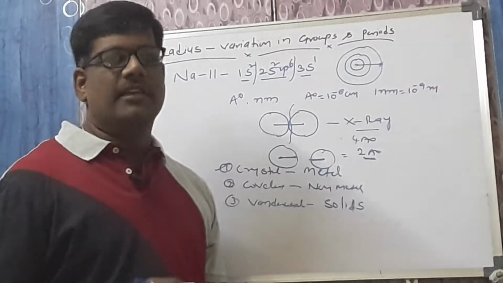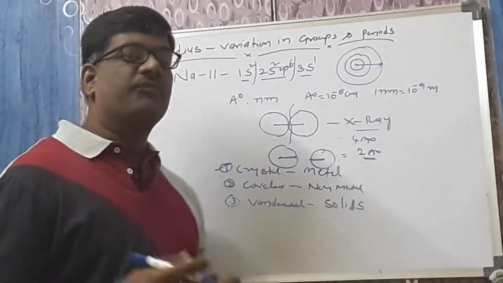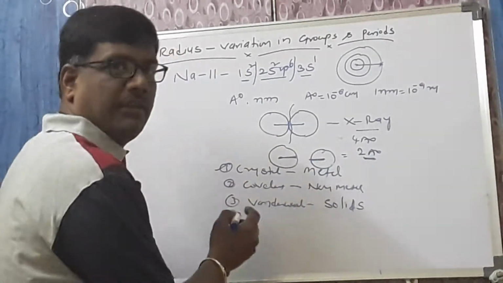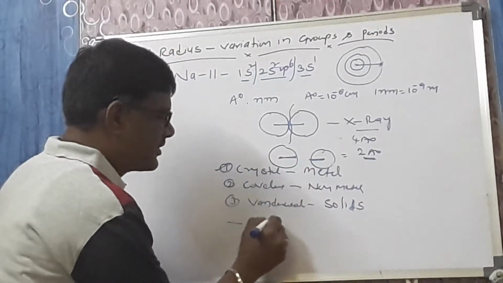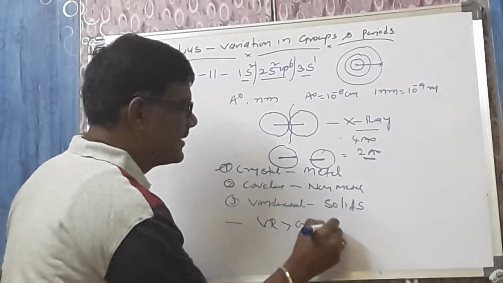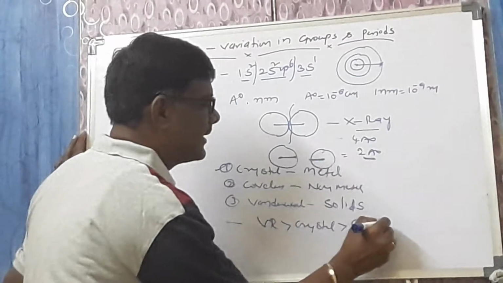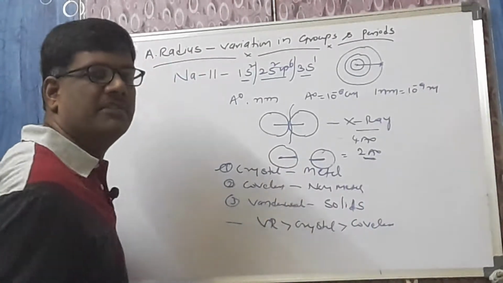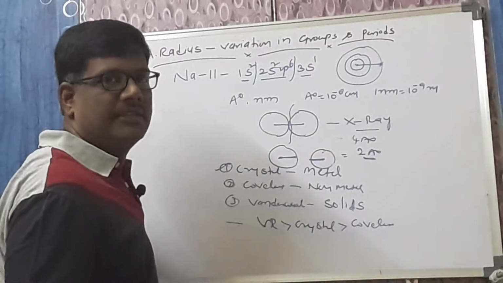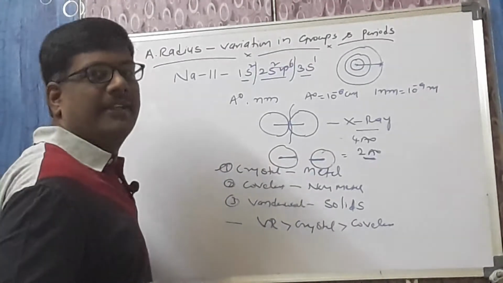Among the three, which will have the highest value? What is the order of the radius? Very, very important. The order is: van der Waals radius is greater than crystal radius, which is greater than covalent radius. Many times in your examination they ask you to arrange the increasing or decreasing order of the different types of radius.